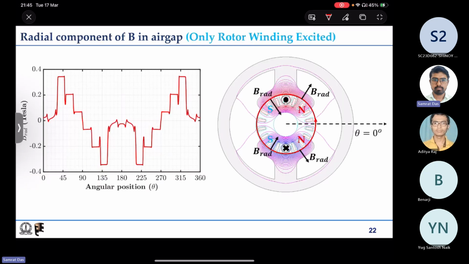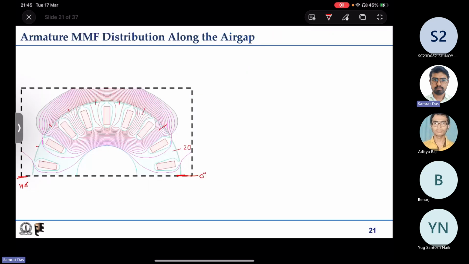If this is 0 degree, it will be 20, 40, 60, 80, 100, 120, 140, 160, 180. These are the angles at these different points, right? Now, this 0 and 180 degree is along the axis of the magnetic field.